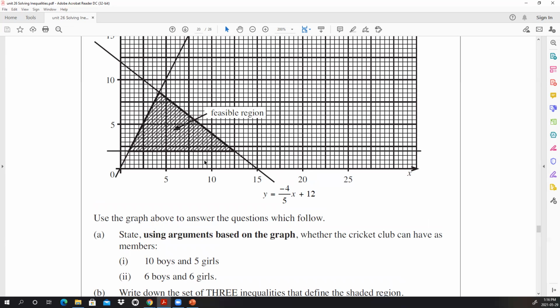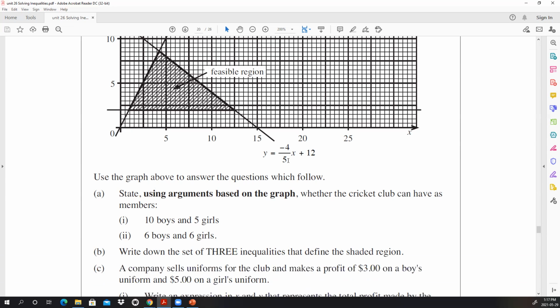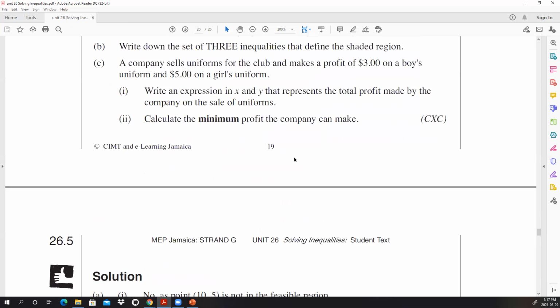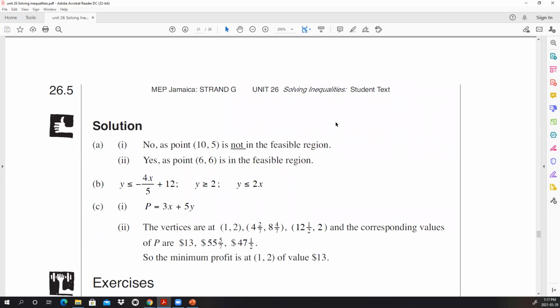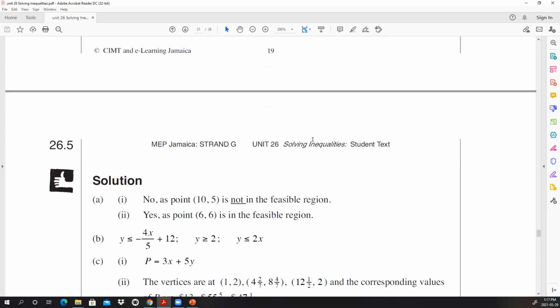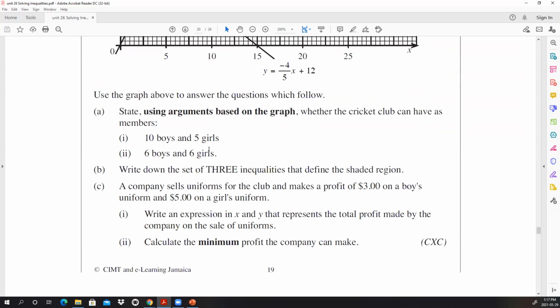So this is definitely y less than minus 4x over 5 plus 12, and that's what it says here. Just remember to choose a point on either side, or just one side, because if you're right on one side, the other side you have to check. But if you're wrong on the side you chose first, then the other side is right.